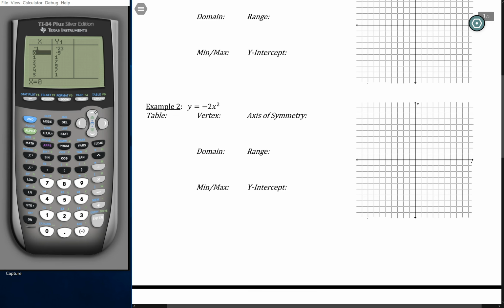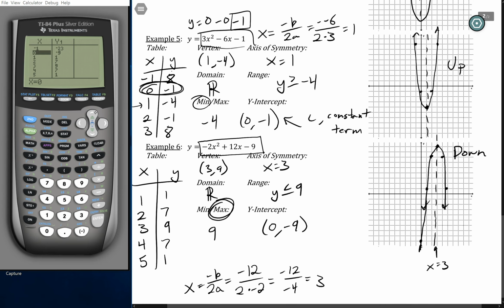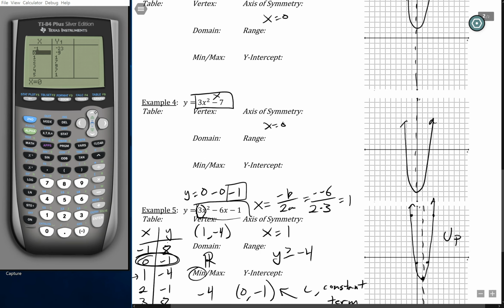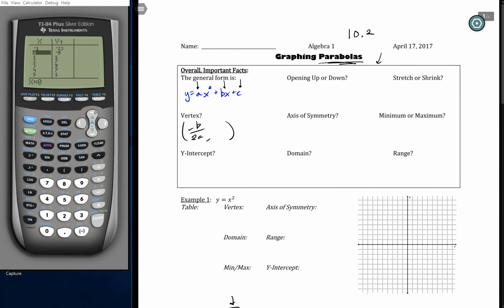I think you'll find, looking at example 2, this was a downward facing one, that if it has a negative a value, like 2 and 6, this is what makes it open down. If it has a positive a value, like 5 and 4, then it opens up. So we can tell if it's opening up, the a is going to be positive. If it's opening down, the a is going to be negative. And remember, when I'm talking about a, I'm talking about this.